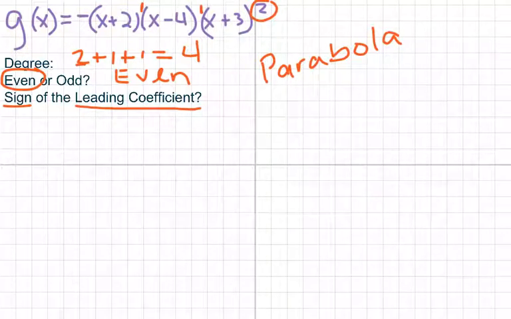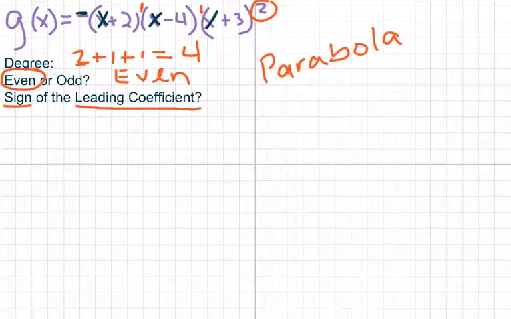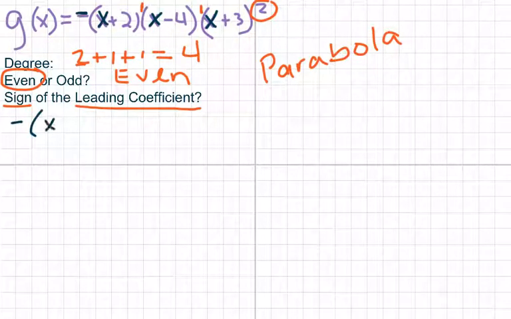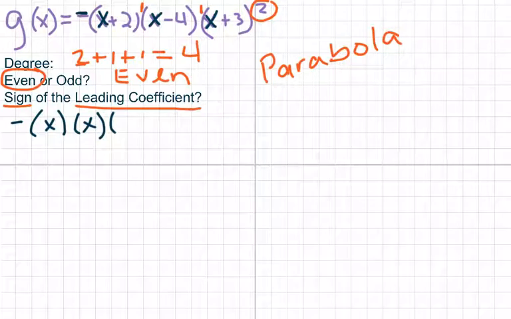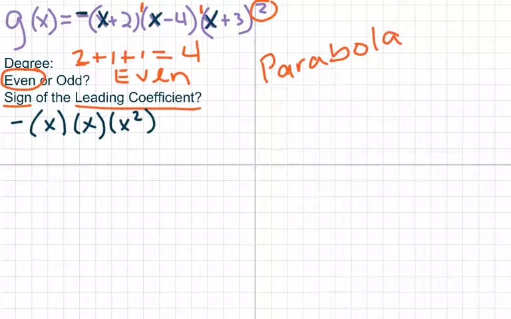Well, if we multiply this through, we've got a negative times an x times an x times an x squared, which is negative 1, 2, 3, 4, negative x to the 4th.